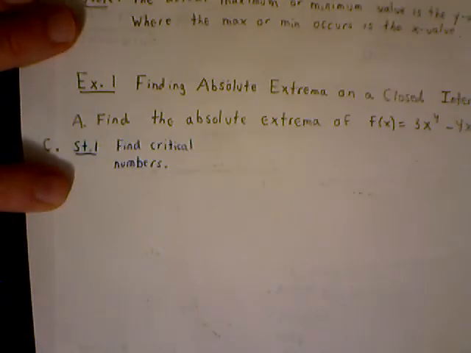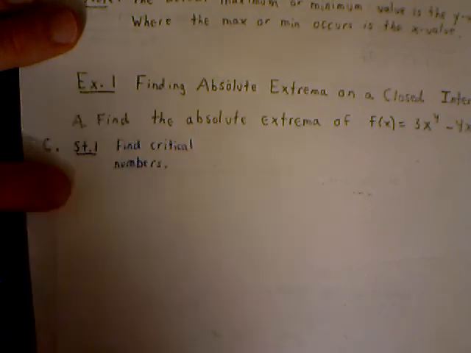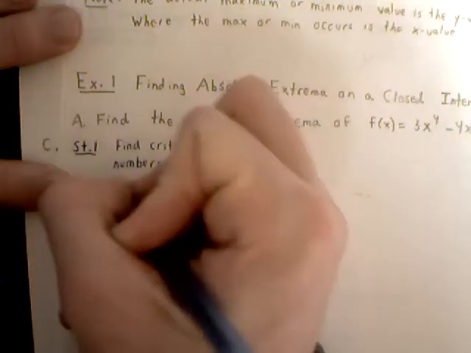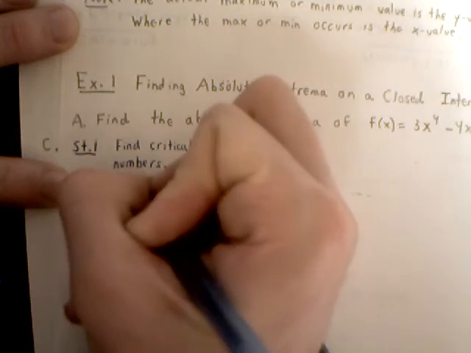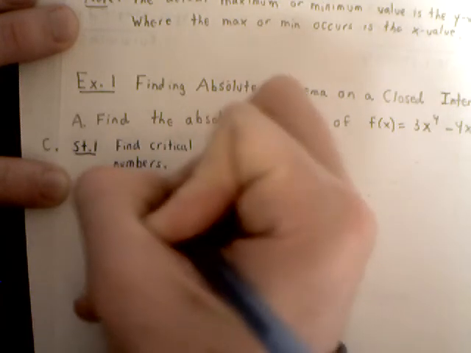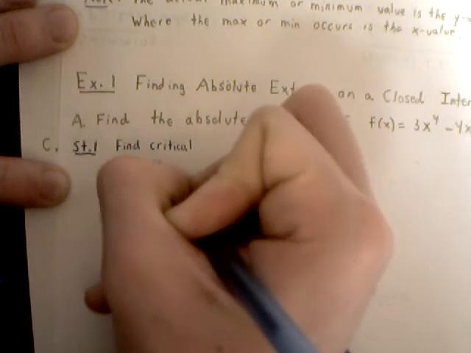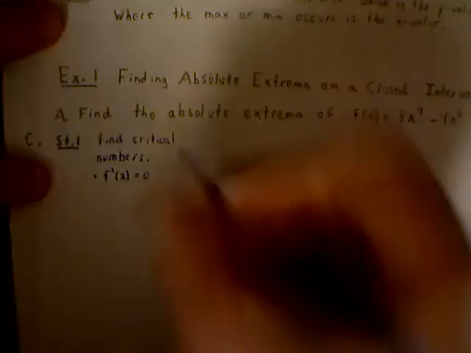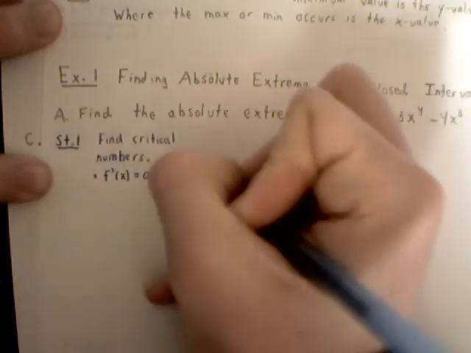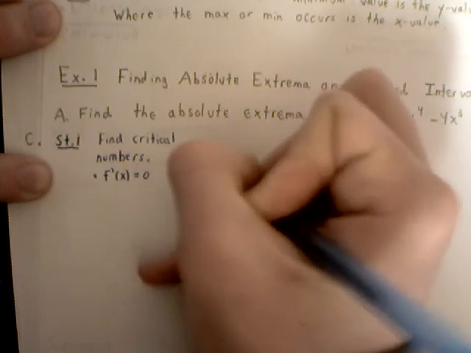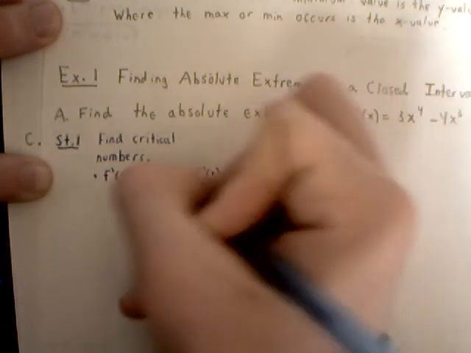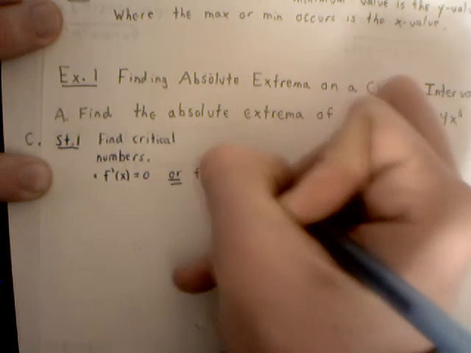Now we said that for critical numbers, there are two possibilities: either where the derivative is 0 or where the derivative doesn't exist.